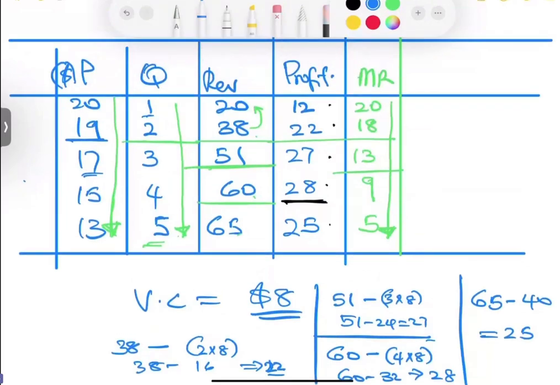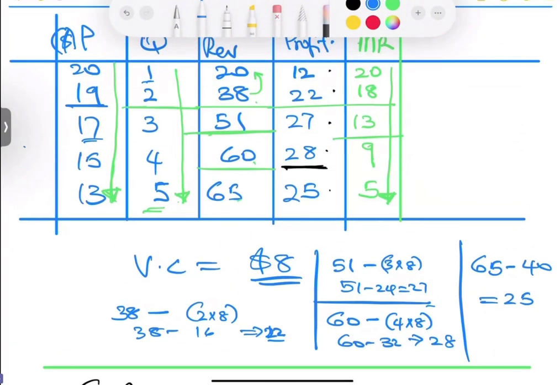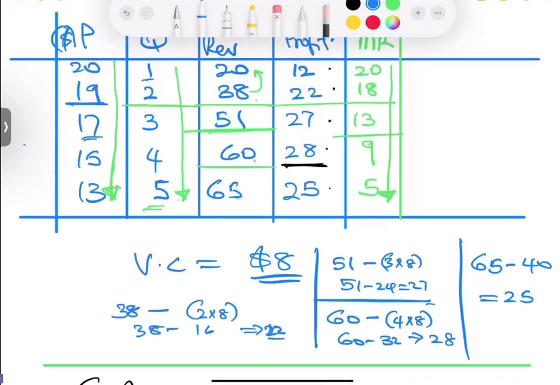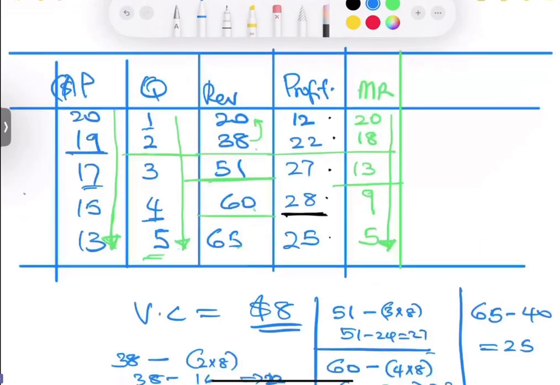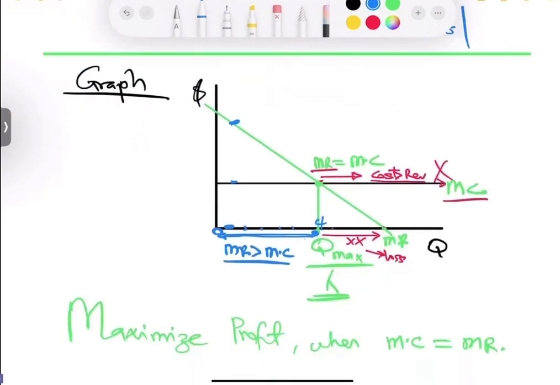So if you look at this now, if you produce one quantity, you're going to be somewhere here. Your revenue is still covering your cost. So don't stop there. Keep going. The second one, the third one, the fourth one, up to this one. Let's say this is the number 4. So which means you are able to produce 4 because you have maximized your profit. If you produce the 5th one, you might be here.